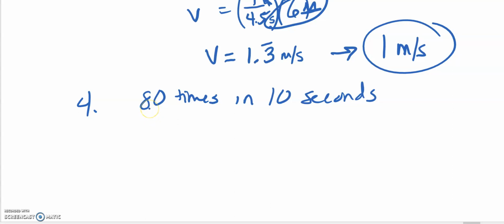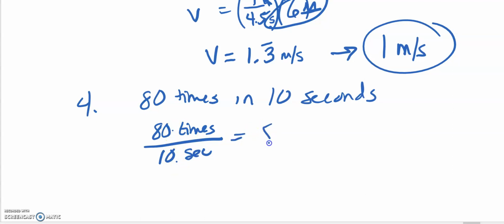The frequency is how many times per second. So we would take 80 divided by 10, which would reduce to 8 times, or oscillations, or whatever they're using as their term, per second, which would then be 8 hertz.